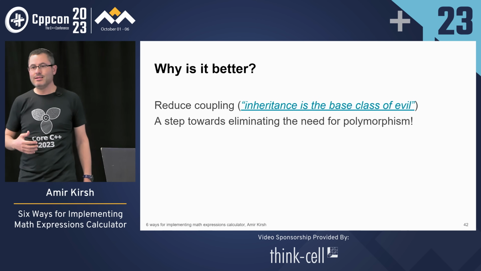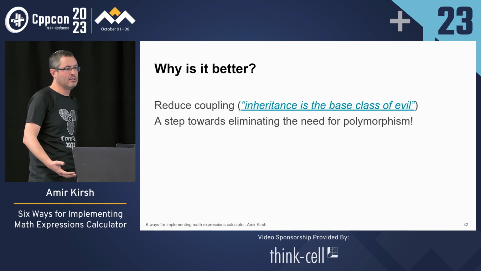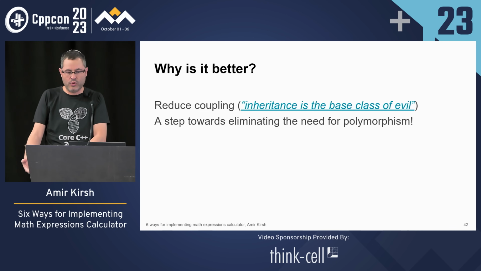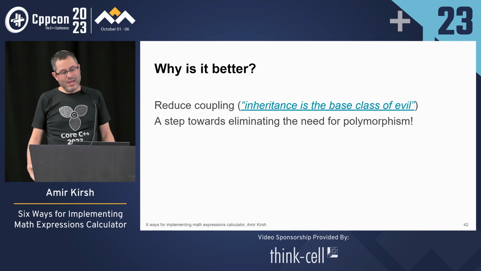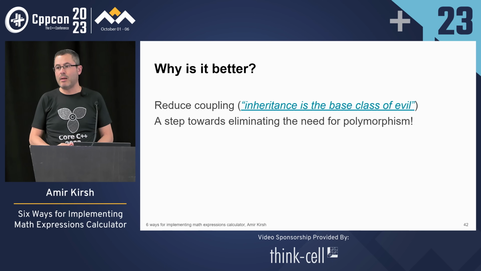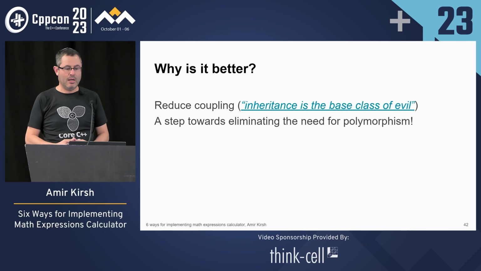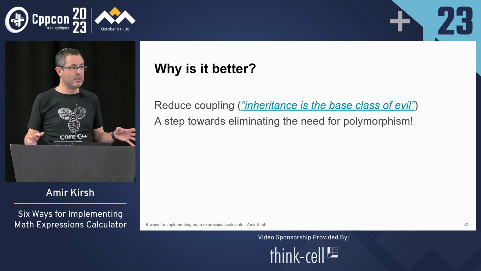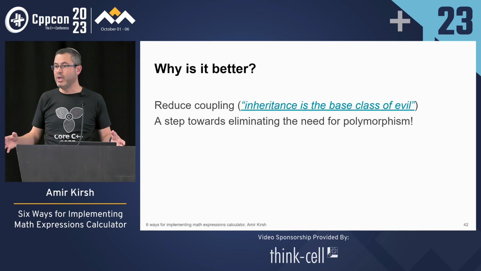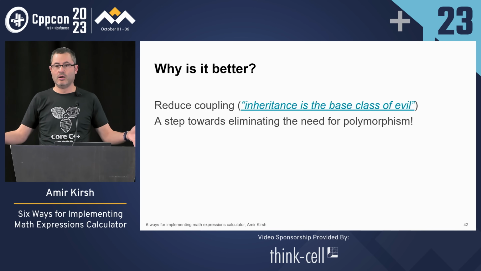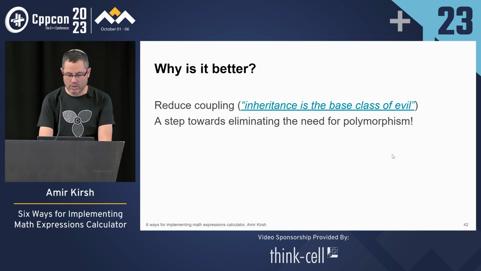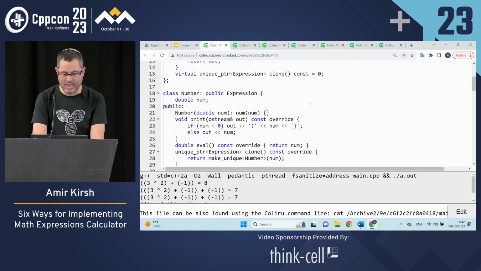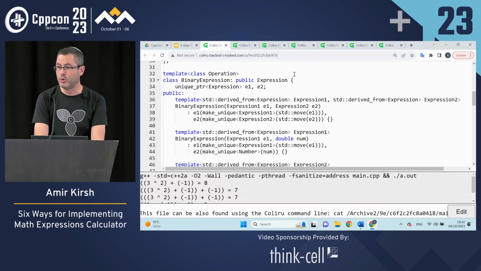If we can delay the inheritance, if you can say, you know what, you're a binary expression and this is what you do, I don't need to derive you from binary expression, we get some kind of reduced coupling. We decouple the types. And this is also a step towards eliminating the need for polymorphism to begin with. So maybe you can go with templates all the way. So in order to see how we can do that without the inheritance, we would say that binary expression is getting an operation.